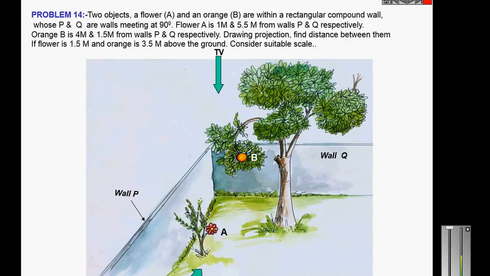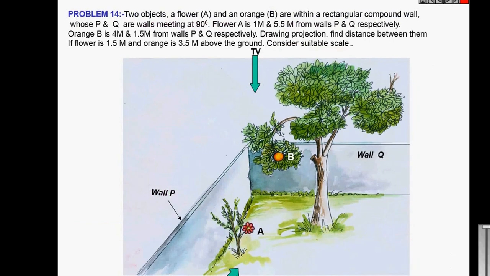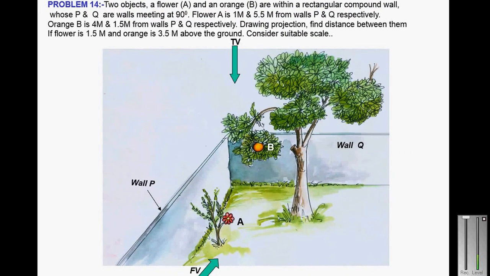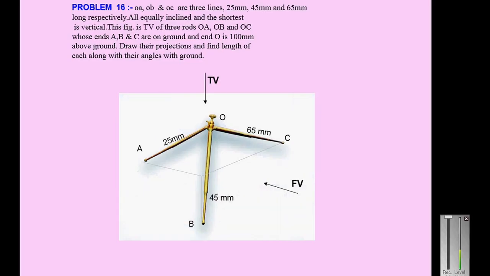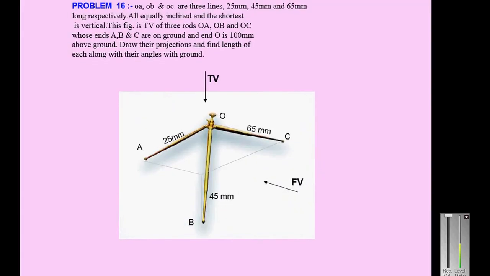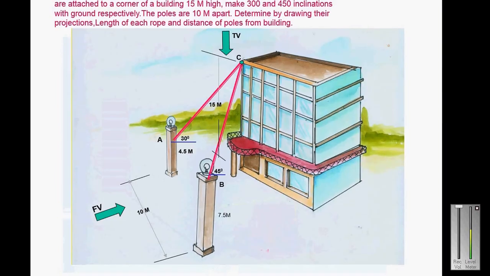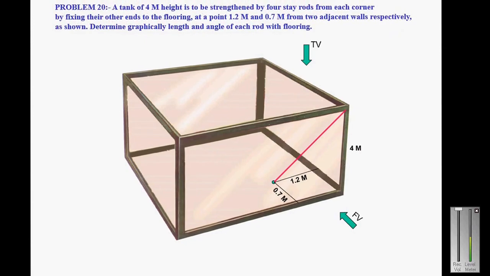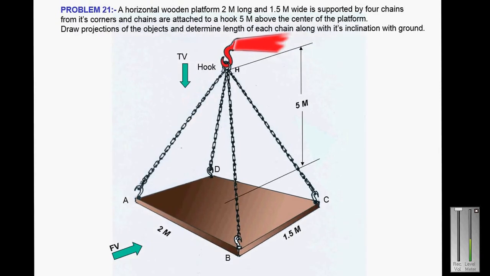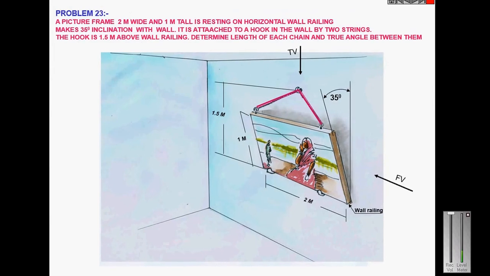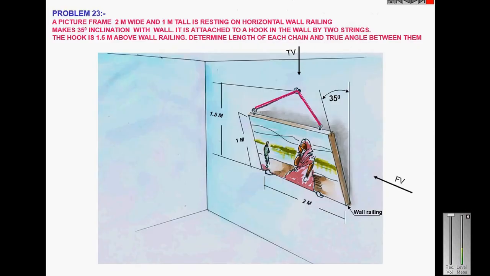Solve the application problems: the flower and orange problem, the problem related to mangoes, the pipeline problem, and those regarding the tower, poles and tank, wooden platform, room, picture frame. All these application problems you will solve according to the explanations above.